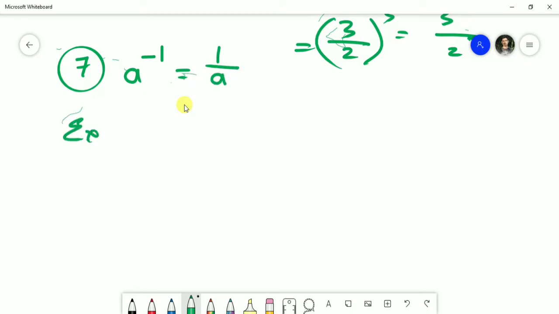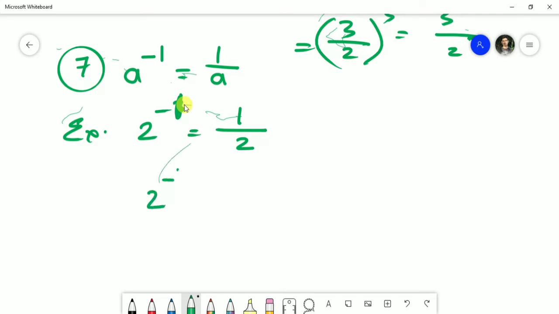Let me show you the example, for example 2 power minus 3. Let me take one first, then after I will show you that one also. So it means that you can write 2 downside. This minus shows that it goes downside.